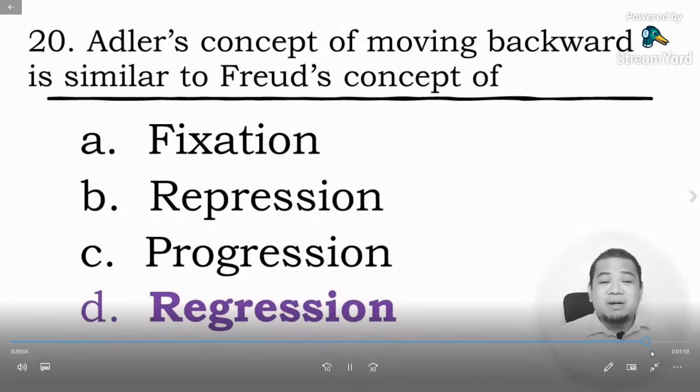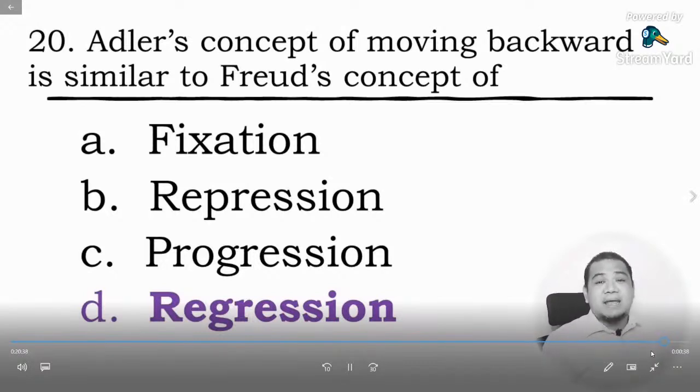Moving backward is similar to Freud's concept of regression in that both involve attempts to return to earlier, more comfortable phases of life, whereas regression takes place unconsciously and protects people against anxiety-filled experience, moving backward may sometimes be conscious and is directed at maintaining an inflated goal of superiority.